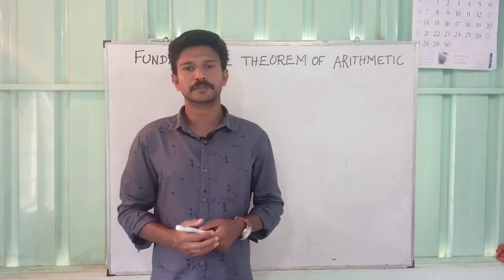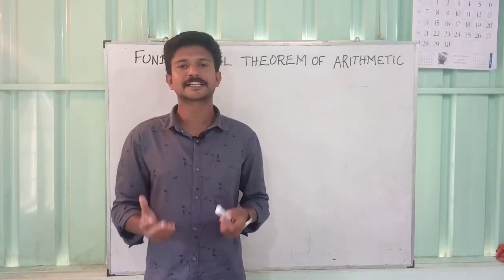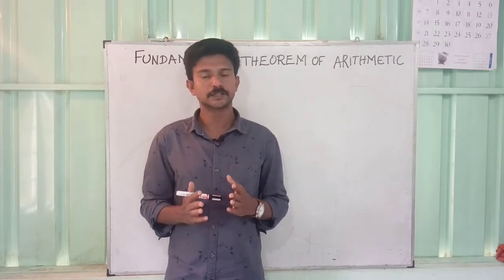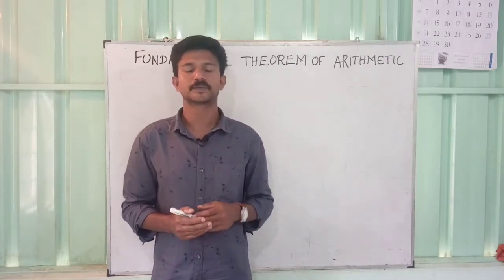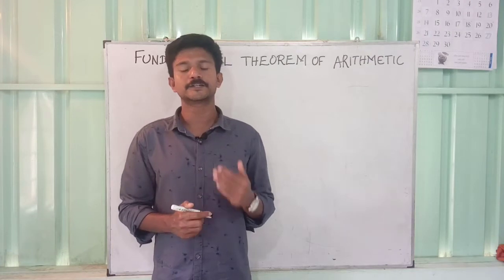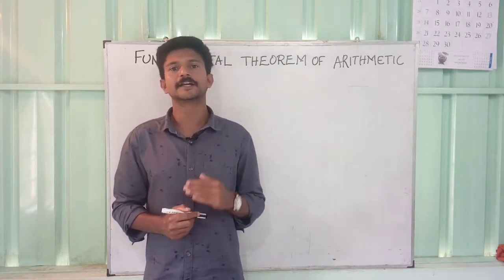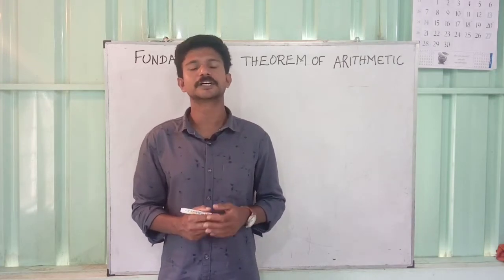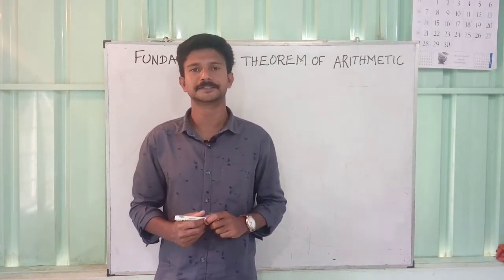What is a prime number? If you factorize a number and it has only two factors, 1 and itself, such kind of numbers we say is a prime number.